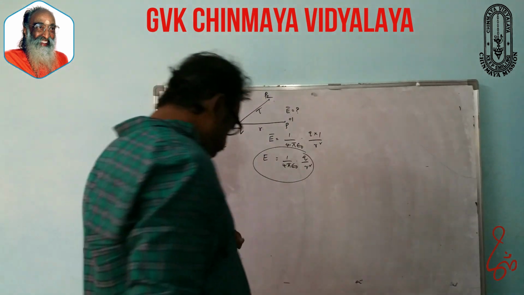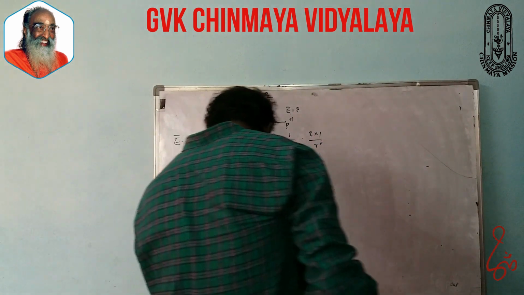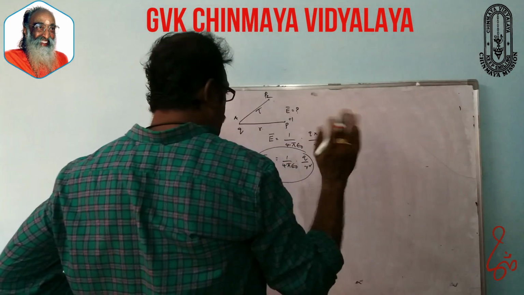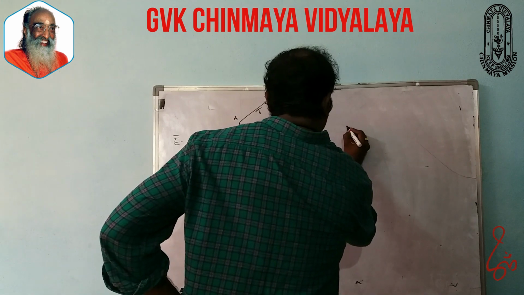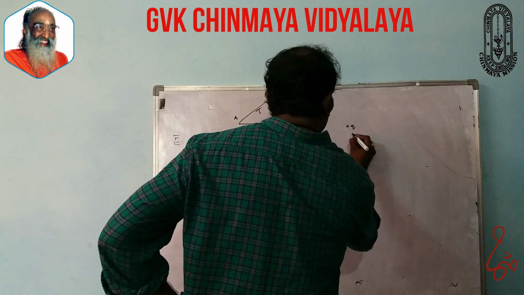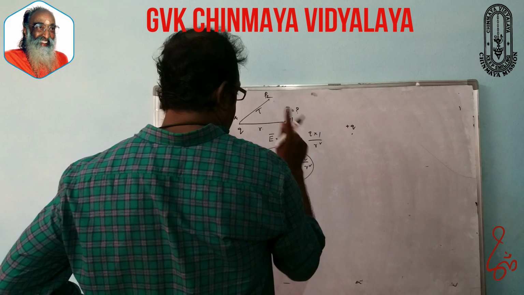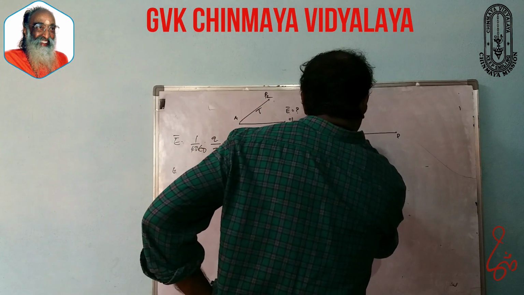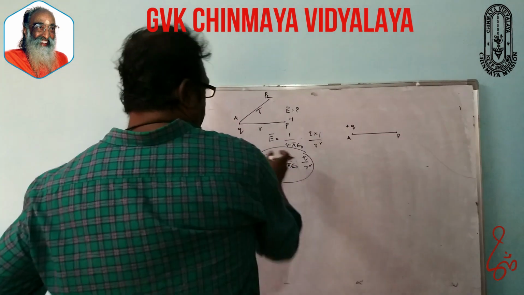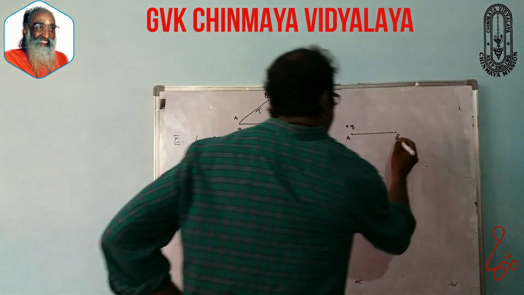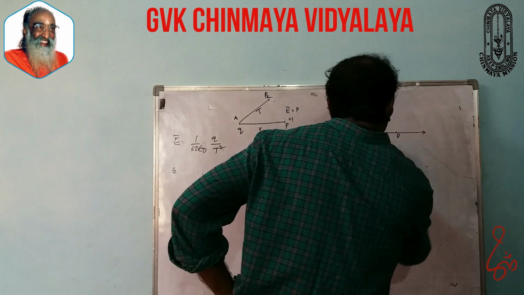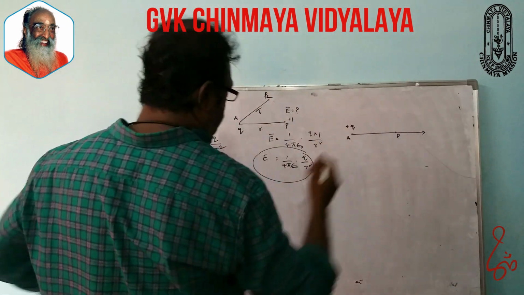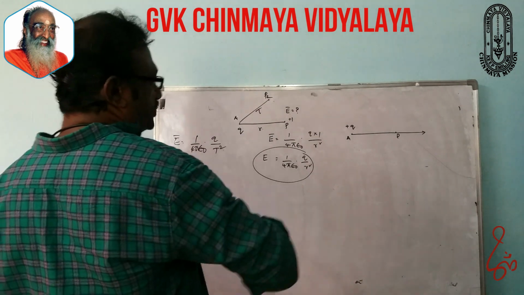Now I'll talk about the direction. Suppose it is plus Q, the charge is positive, and P is here at point A. The direction will be from A to P, that means pushed away from this positive charge.